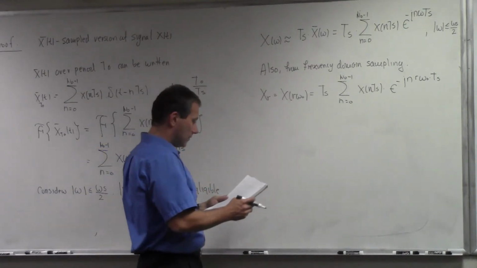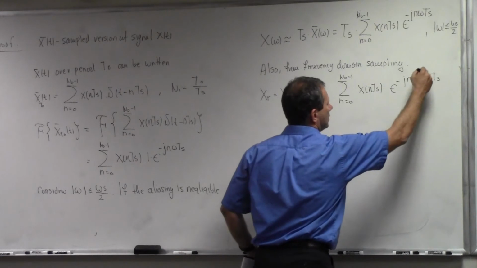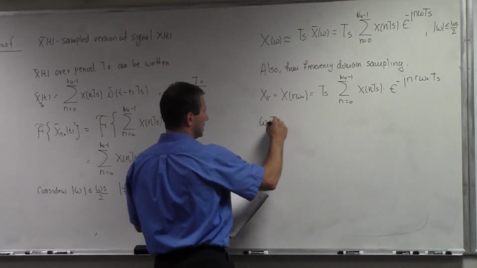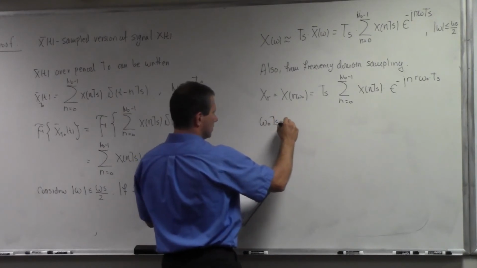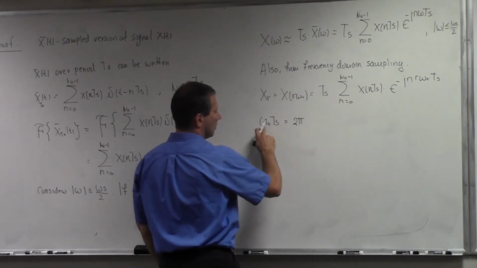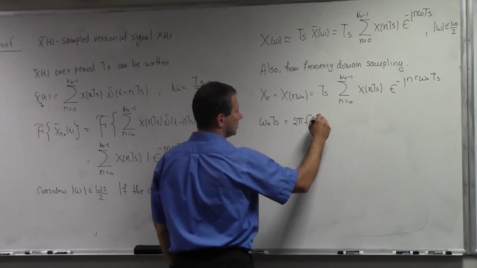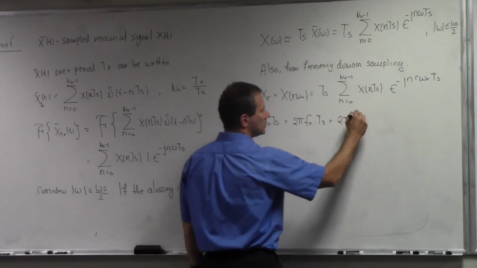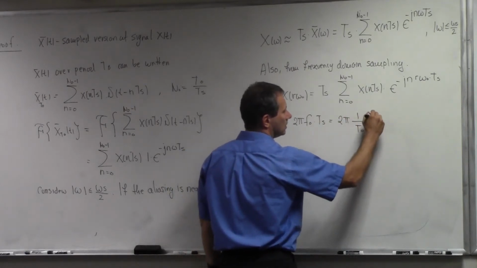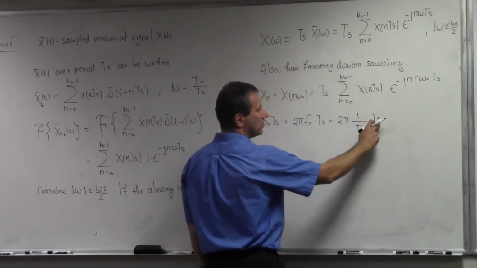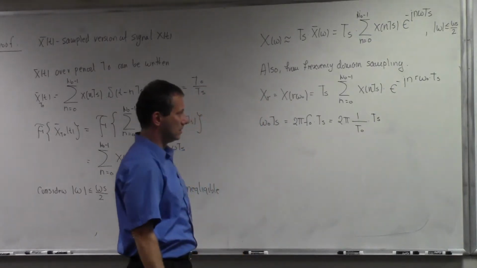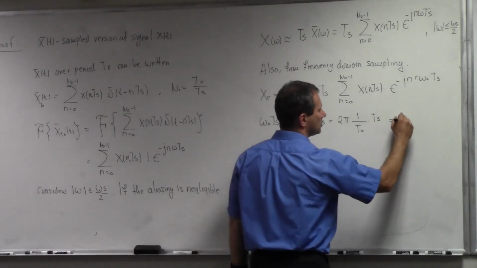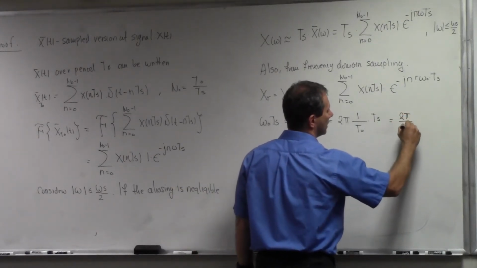Now, if you look at what I have here, omega 0 Ts is equal to 2 pi f0 times Ts. f0 is 1 over T0, so this is 2 pi times Ts over T0. The ratio of Ts over T0 is what? 1 over n0. So this becomes 2 pi over n0.